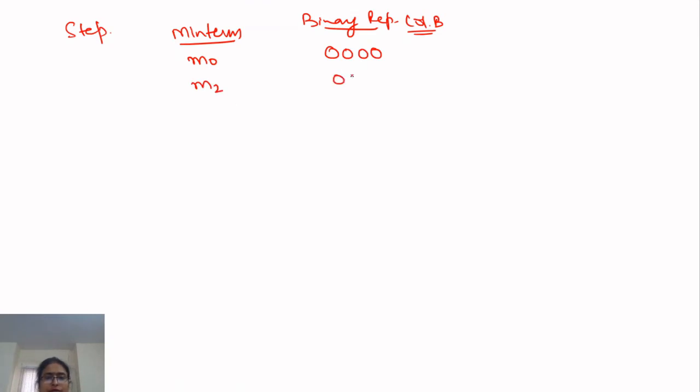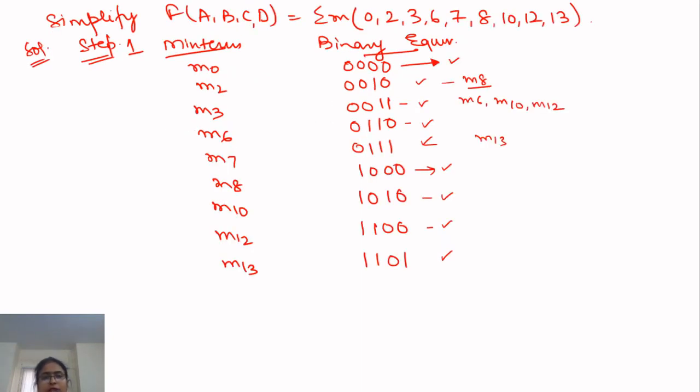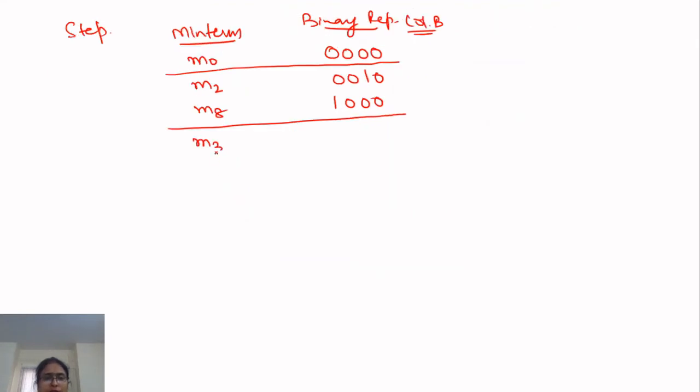Second was M2, 0 0 1 0, and this is M8, with one single one. So this is one group and this is second. Third group was with two ones, M3, 6, 10, 12.